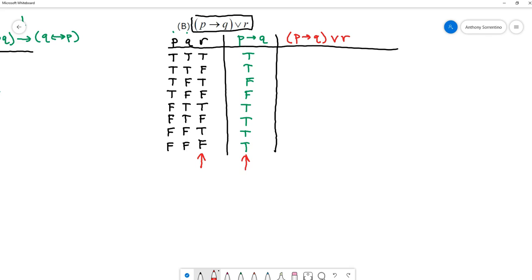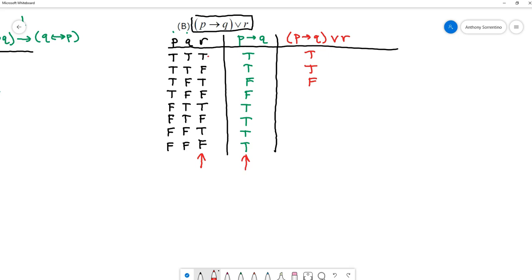So since I have these two columns being true, for the first one, that's true. Same thing with this one. Here they're both false, so it's false. Here, same thing.